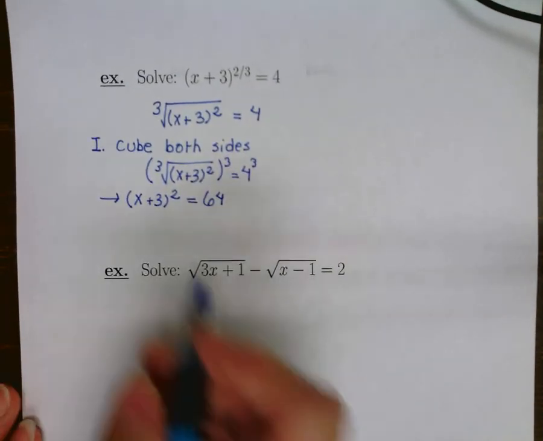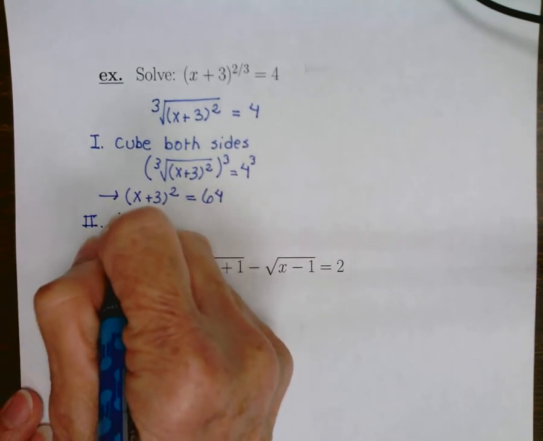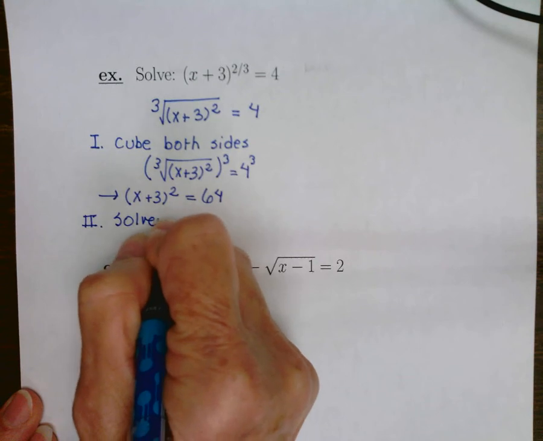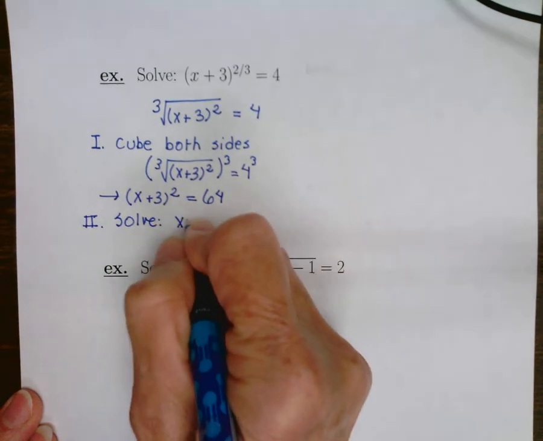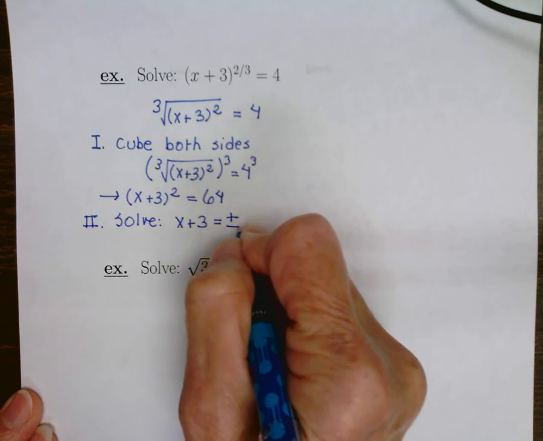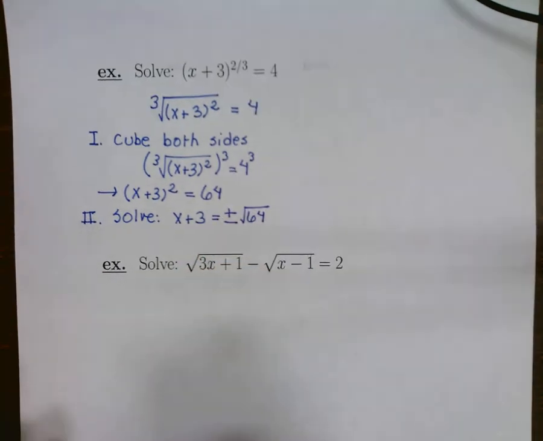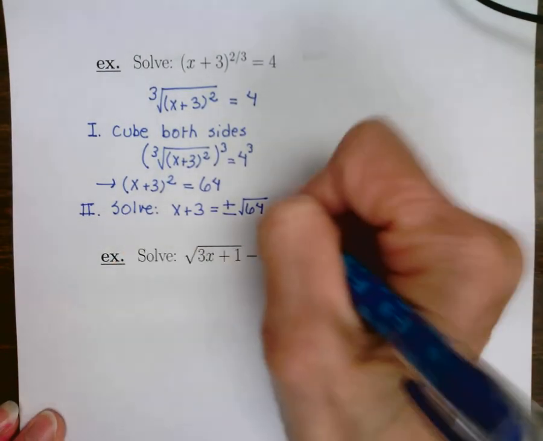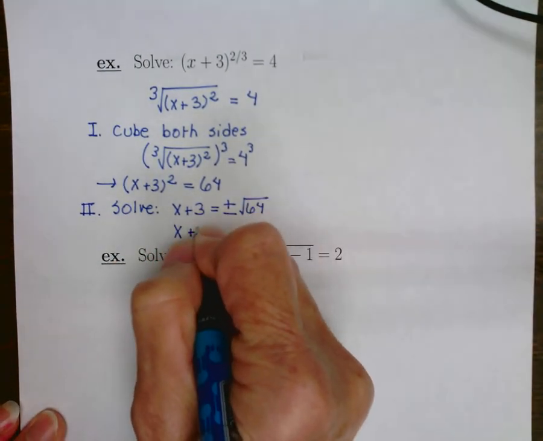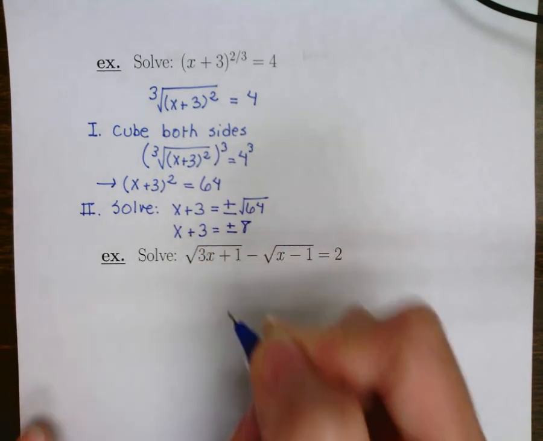Now that's an equation that I can solve just by using our square root property. So we just solve by taking the square root of both sides, and we get x plus 3, and remember that is equal to plus or minus the square root of 64. So x plus 3 equals plus or minus 8.